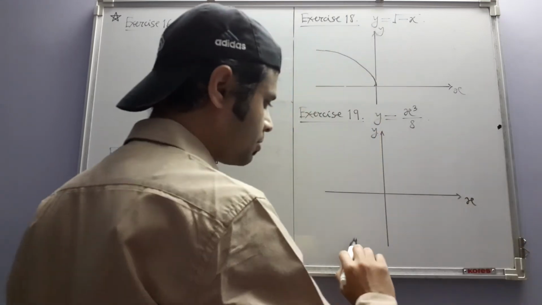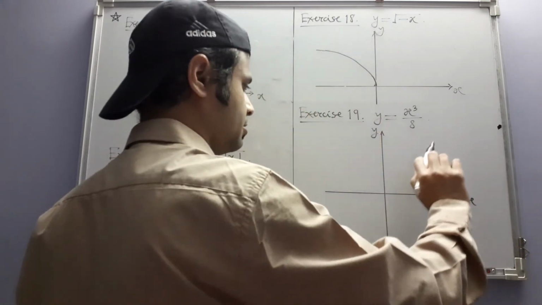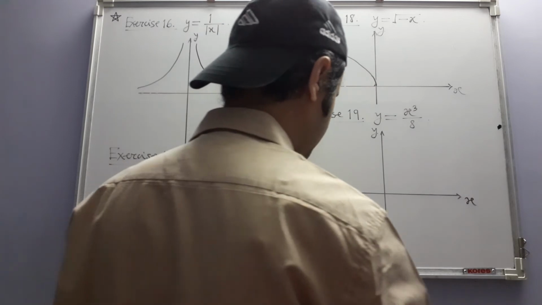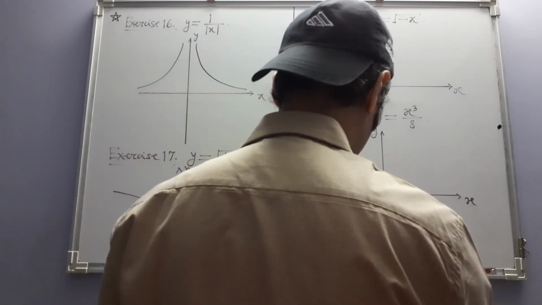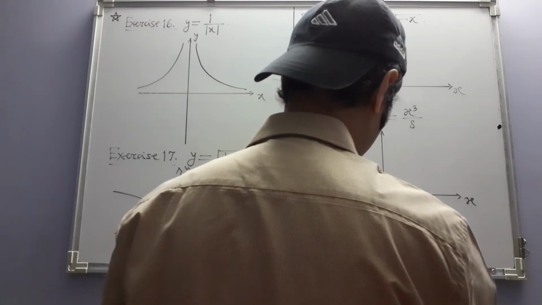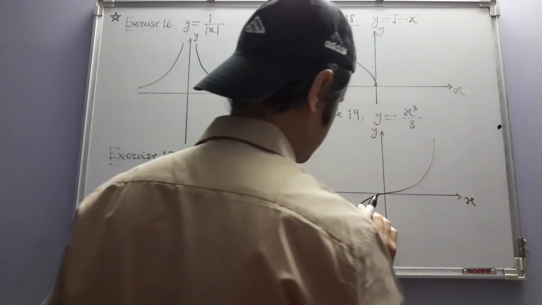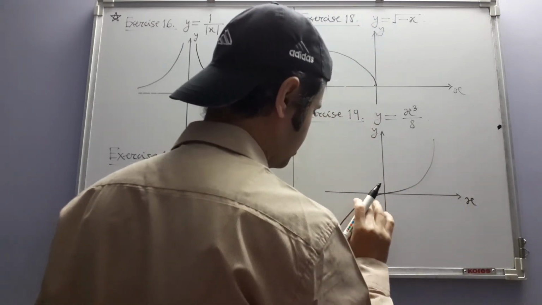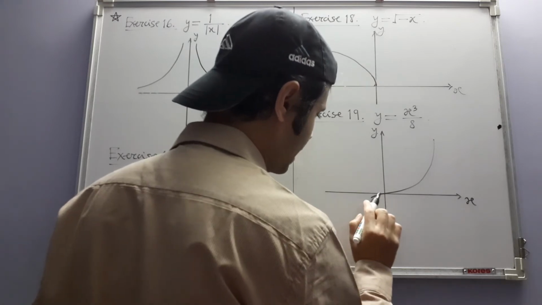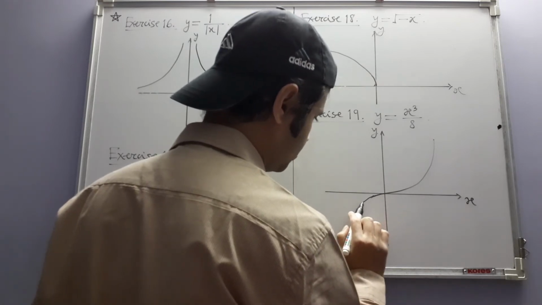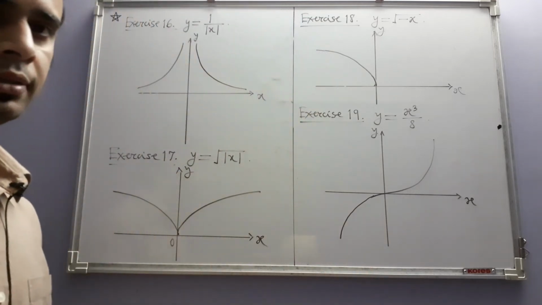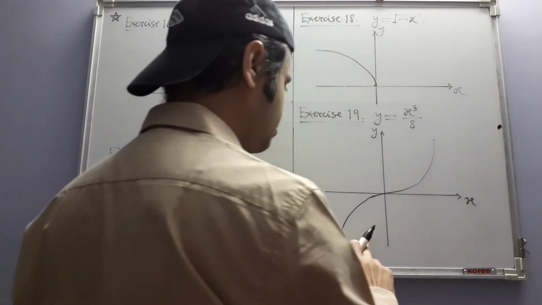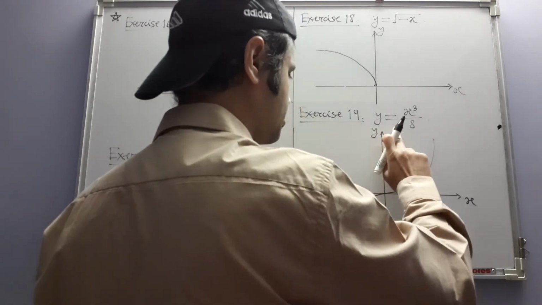So the x cube graph is like this. This one will also be like that. The shape will not change. But it will be somewhat a little wider than the previous one. Why, that I leave to you to think. Okay. y equal to x cube will be like this.